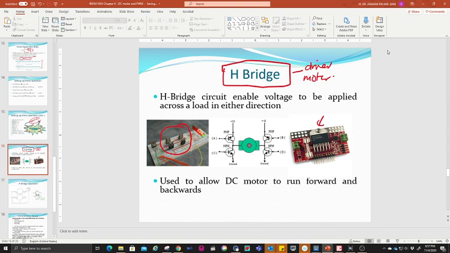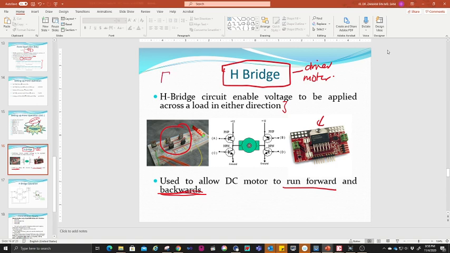An H bridge circuit enables voltage to be applied across a load in either direction. The importance of the H bridge is that it allows a DC motor to run forward or backward. This is different: just now we were controlling the speed of the motor, but with the H bridge you are controlling the direction of the motor.